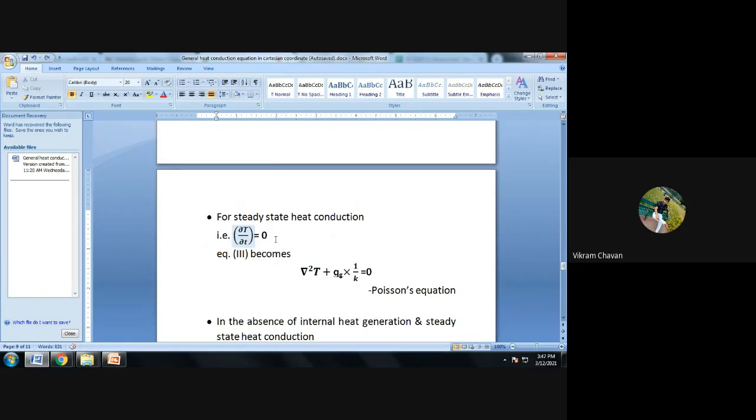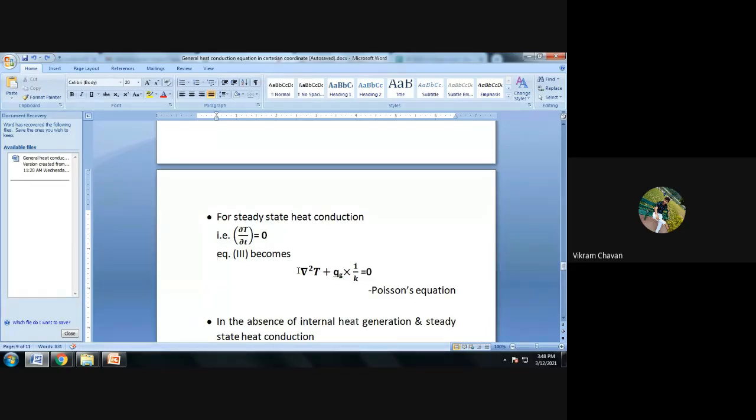When we modify equation number 3 by applying the steady state assumption, we get del square T plus Qg multiplied by 1 upon K equal to 0, or del square T plus Qg divided by K equals 0.